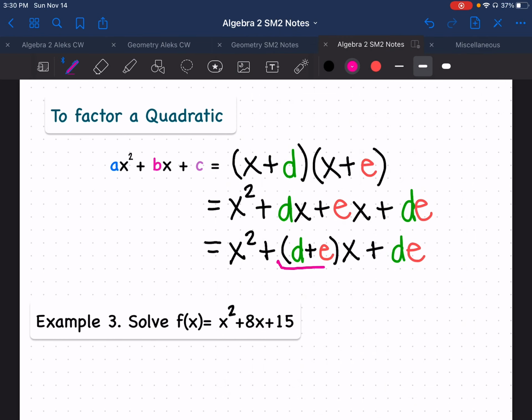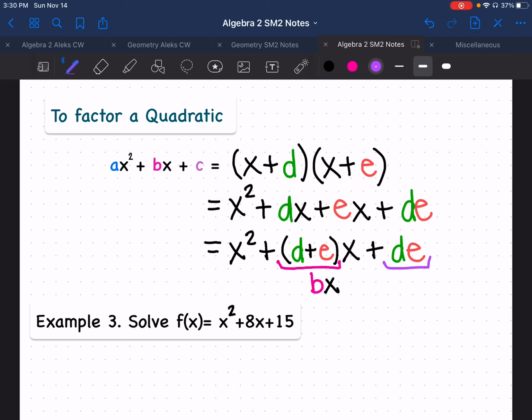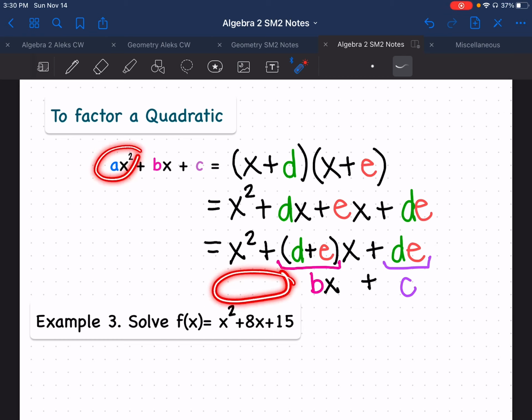This right here becomes your B, which is with your X. It's this part right here. And this part right here, this D times E, becomes your C, which is this part right here. And if you look in front here, you have this part right here.